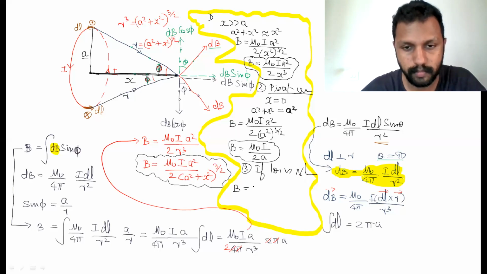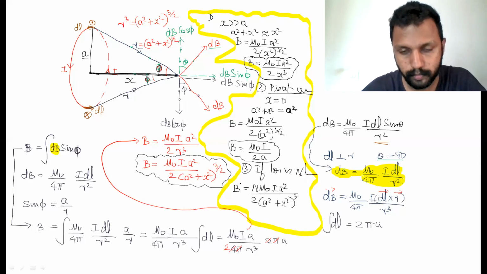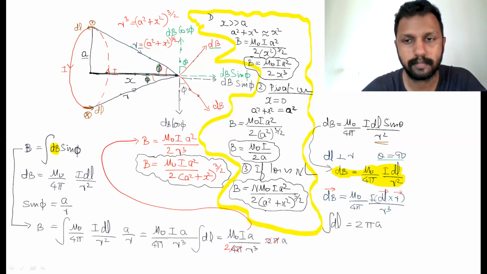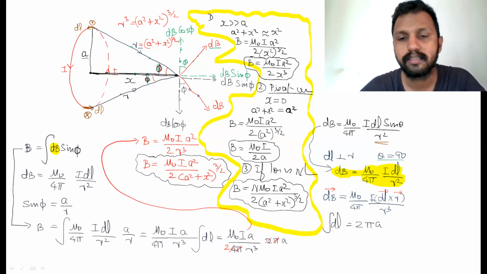N times of this means n mu 0 IA square divided by 2 into a square plus x square whole to the power 3 by 2. This should be the B value if the loop is of n turns. This is the B value that you should remember.